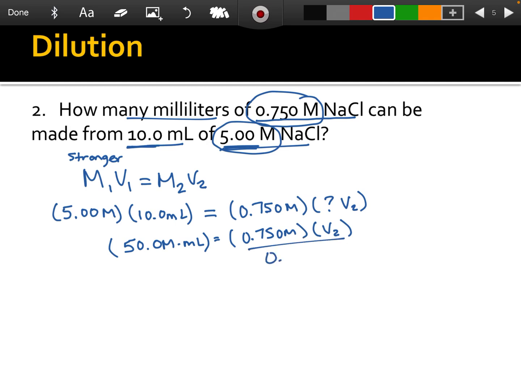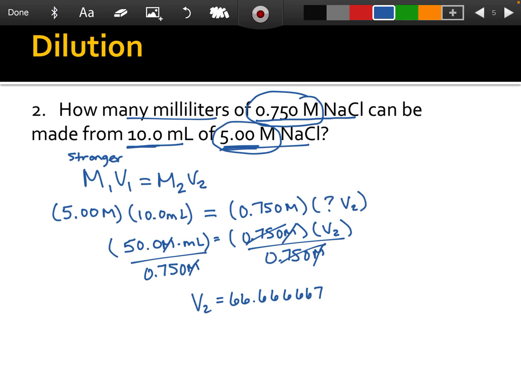And then to get V2 by itself, we would divide each side by 0.750 molar. Molarity cancels out. Sorry, on the right side, both the unit and the values would cancel out. All right, so then V2 would be 66 point, a lot of sixes repeating for the volume.